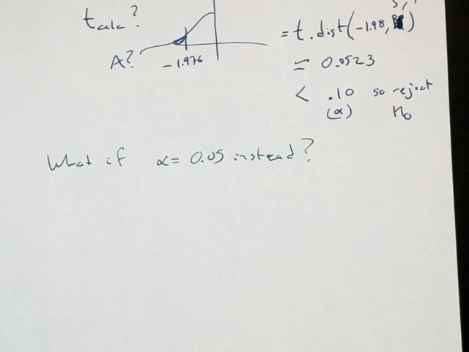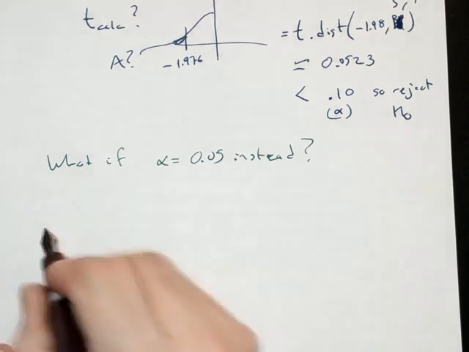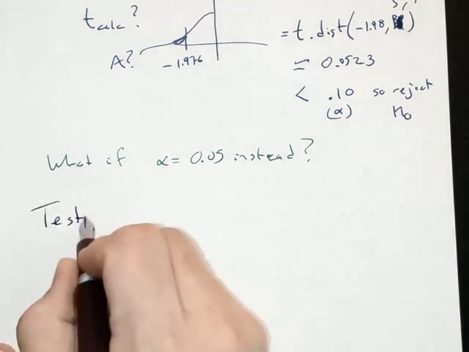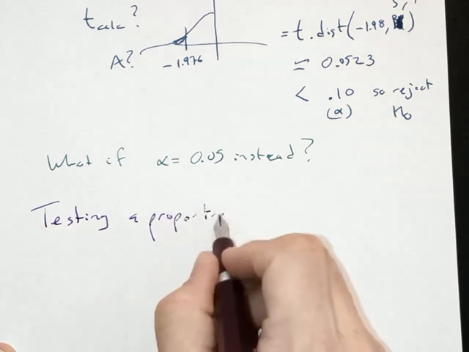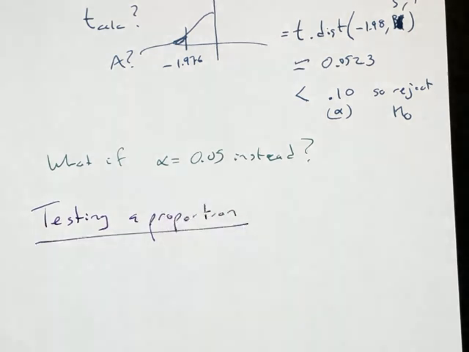What was the something else? We did confidence intervals for proportions.